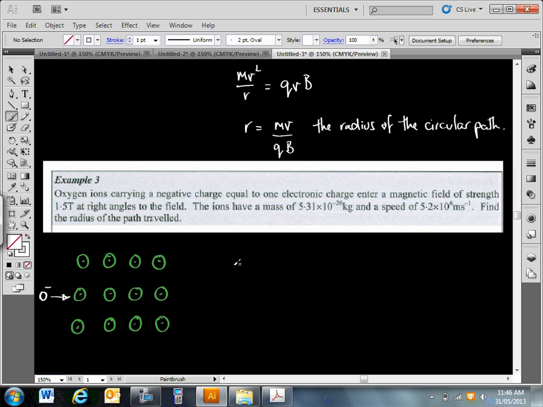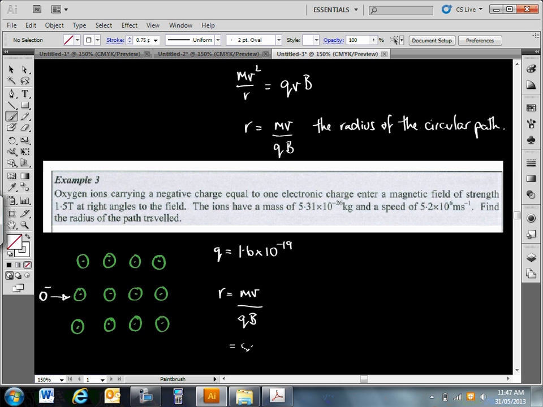One negative charge, electronic charge, so Q is equal to what? 1.6 by 10 to the minus 19 coulombs. R equals mv over qb. Always state the formula that you're going to use.